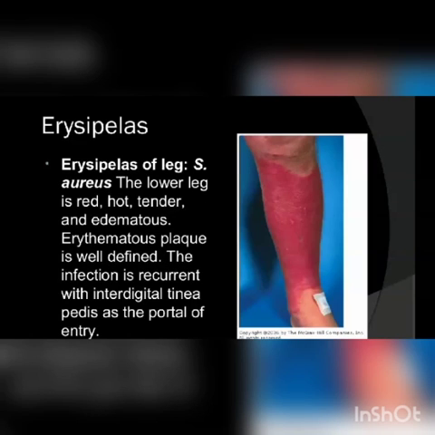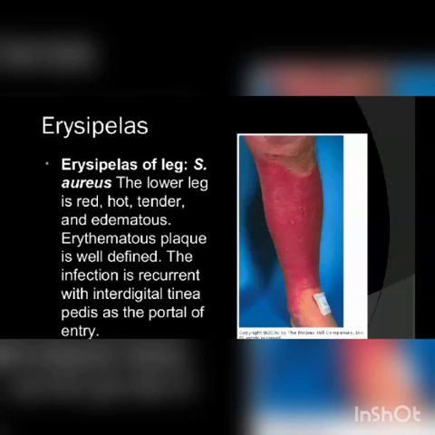In this picture, you can see erysipelas of the legs. Here the lower leg is red, hot, tender, and edematous. The erythematous plaque is well defined. The infection is recurrent, with the interdigital tinea pedis as the portal of entry.